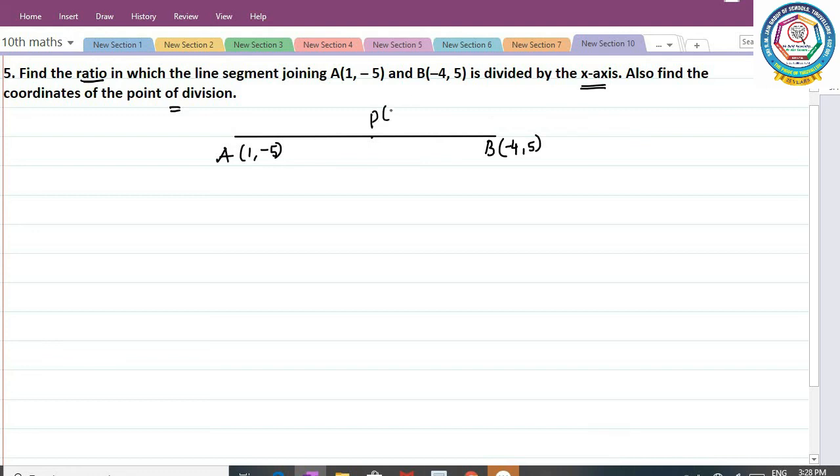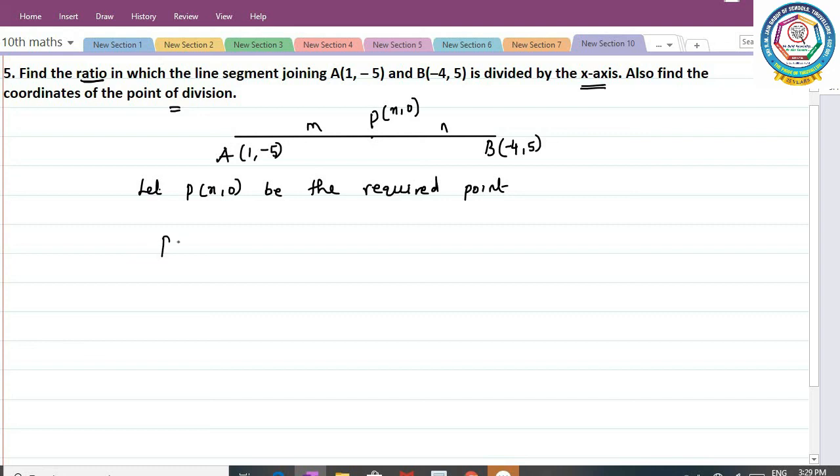So P of x comma 0. So we have to find out the ratio of this line segment. So let P of x comma y, that is x comma 0, be the required point. By using the section formula, we can find out the ratio.